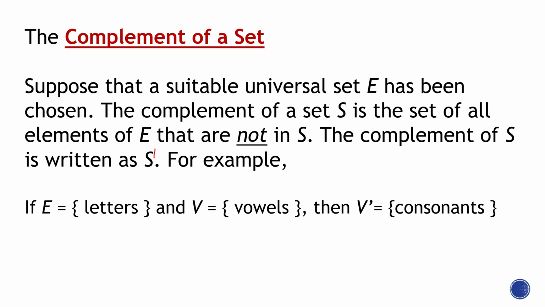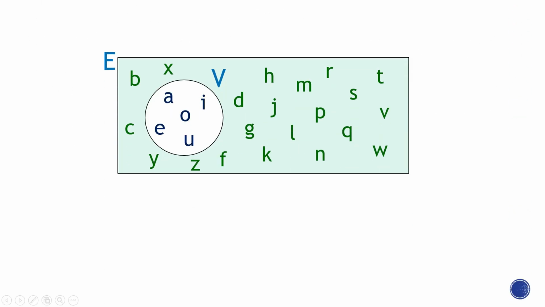For example, E is the universal set and it consists of all the letters in the English alphabet. Then we have a subset V, which is the vowels. Then the complement of V is equal to the consonants. Of course, without a Venn diagram, it's hard for us to picture what I'm explaining, but given a Venn diagram, it's easy.